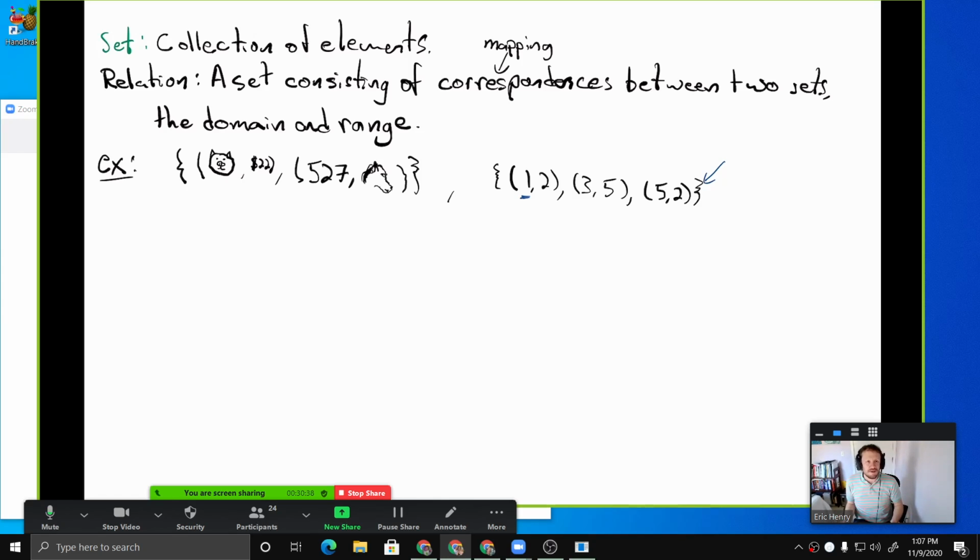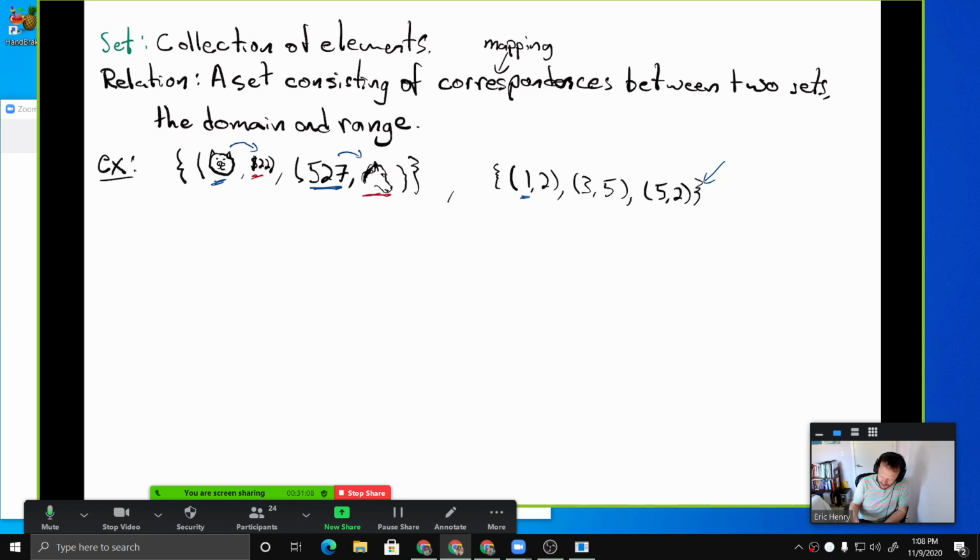Well, we haven't actually defined it. We will define it later, but I'll just give you the preview. Domain is a set of elements, and it can be a whole bunch of different things. Just like here we had the pig in our domain. So here, the pig in the domain mapped to 22 in the range, and 527 in the domain mapped to horse in the range.